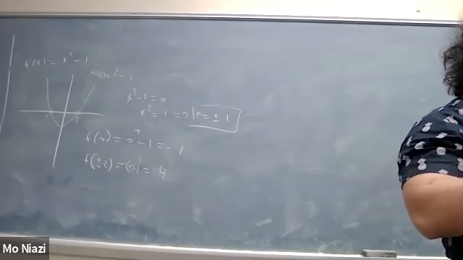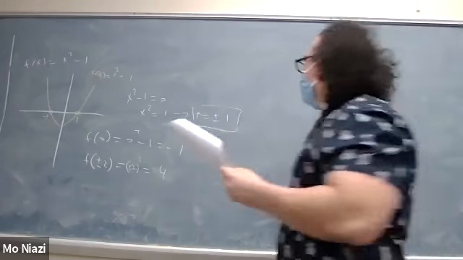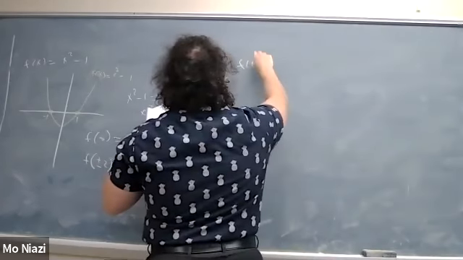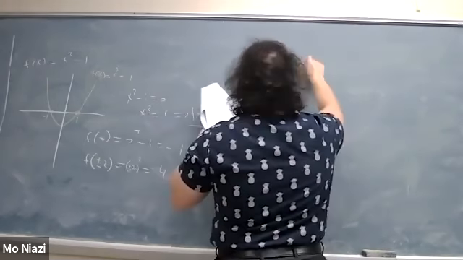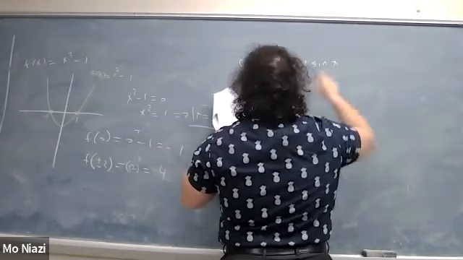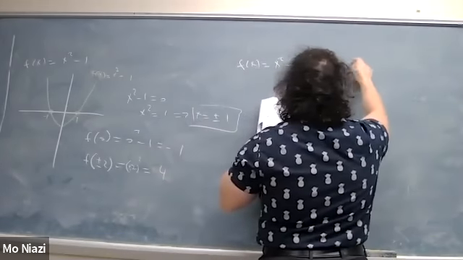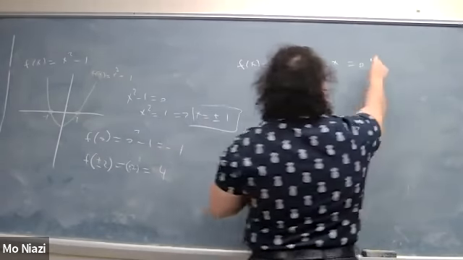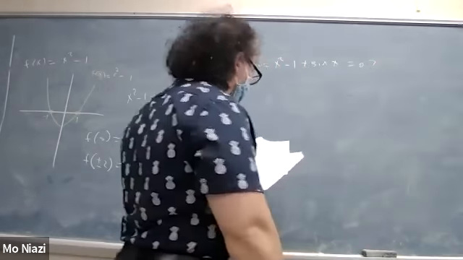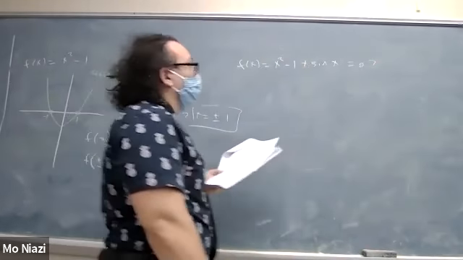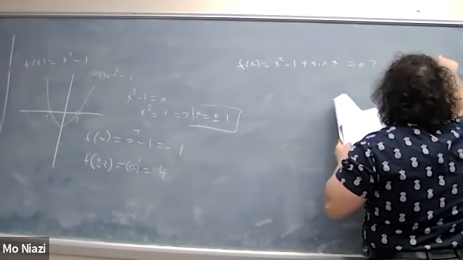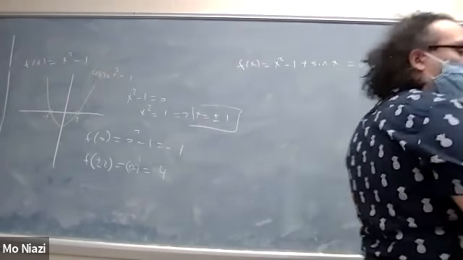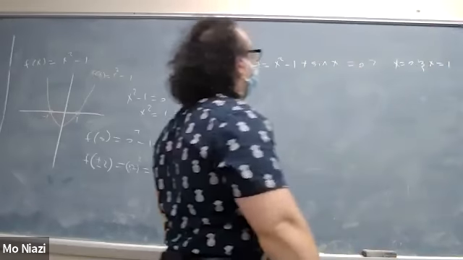So for example, let's say our function is f of x equals x squared minus 1 plus sine of x. And we want to know, okay, does it equal 0 ever? Between x equals 0 and x equals 1. Does it ever equal 0?